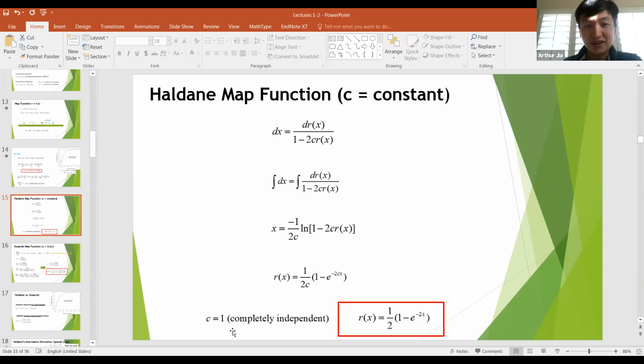C equals 1 means the two regions are completely independent, meaning there's no interference between these two regions at all. If this is the case, the map function becomes this form, and this is the famous Haldane map function.